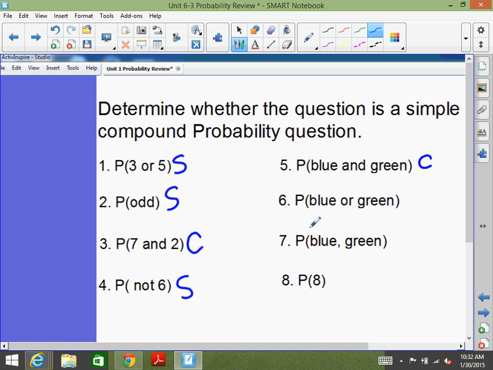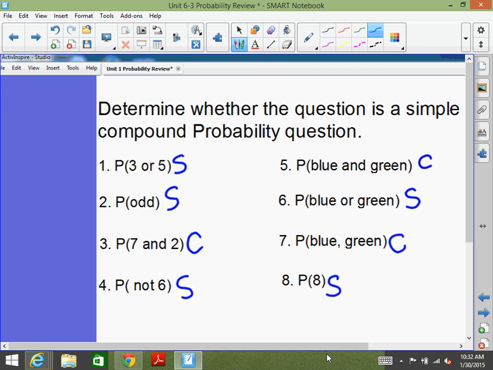Compound. Number 6, the probability of blue or green. Do I want one thing or two things? One thing, so that's going to be simple. Number 7, the probability of blue, comma, green. Compound. Number 8, the probability of 8. Simple.